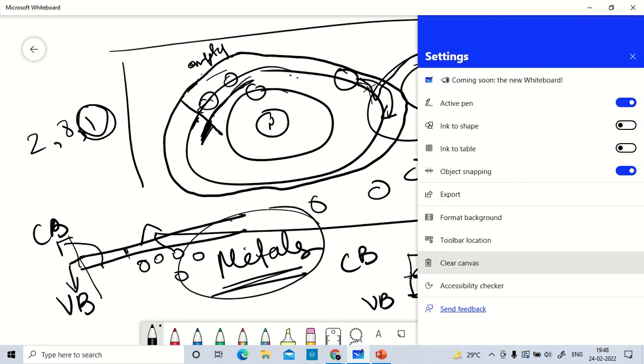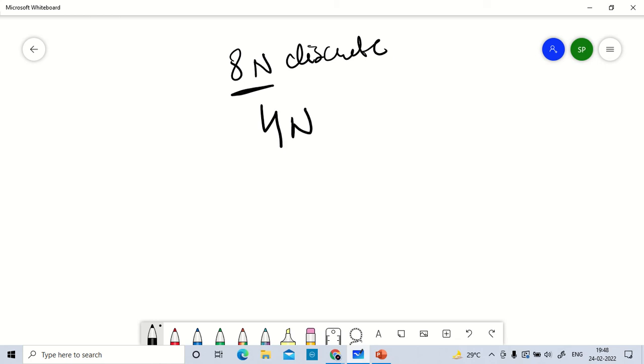So they have taken an example of silicon and germanium, and we know that the outermost eight electrons should be there. So 8n discrete levels should be there in the valence band, but out of these only 4n are occupied. So 4n valence electrons are there.